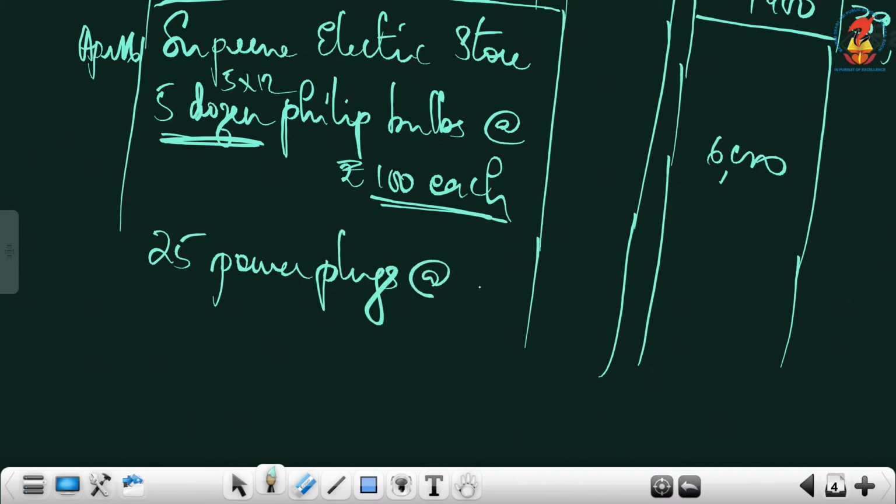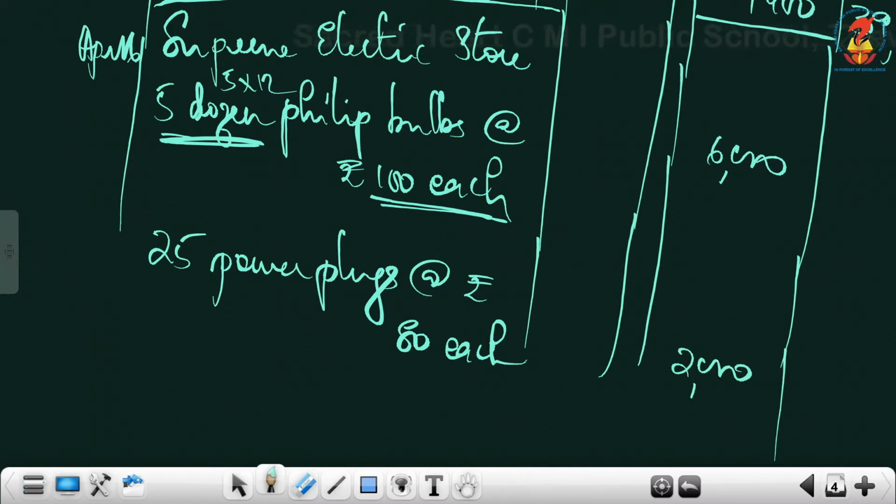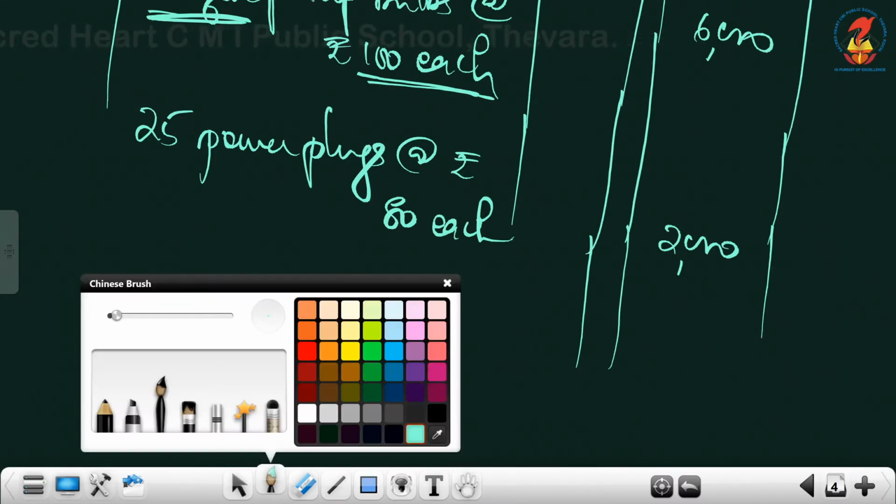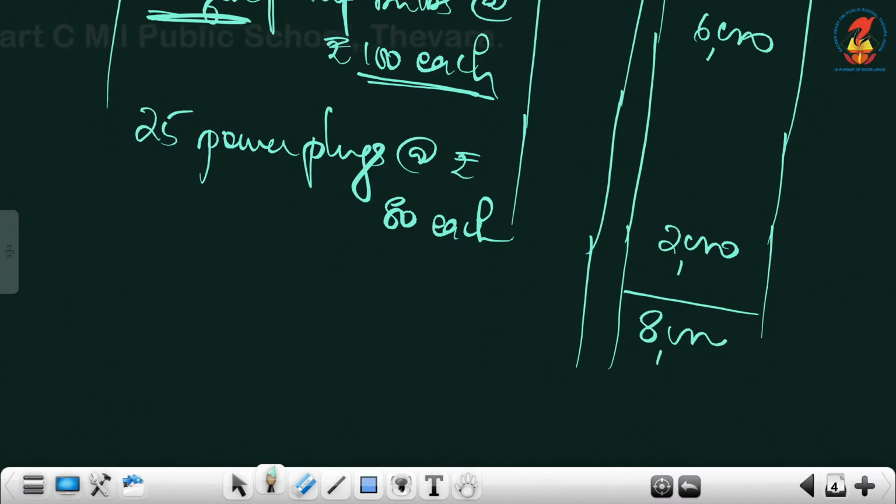25 power plugs at the rate of rupees 80 each. That is 2000. Then again trade discount is there, freight is also there. 8000.